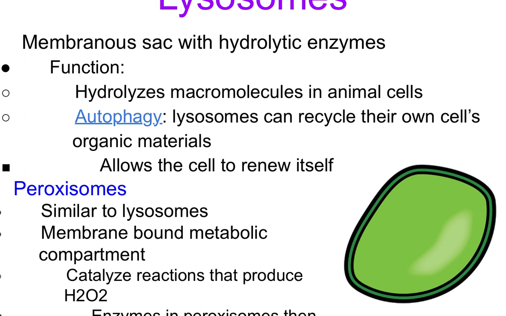Lysosomes are an internal sac that hold hydrolytic enzymes, and the function of those enzymes inside of the lysosome is to hydrolyze macromolecules, and this takes place within the animal cells. Lysosomes can also recycle their own organic materials. That's called autophagy, where it can essentially renew its own internal materials.